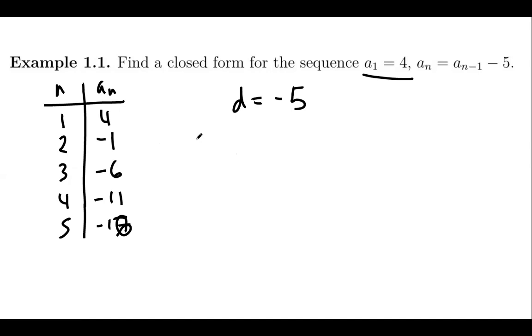So since the first term is 4, we can write it as a_n equals 4 minus 5 times (n-1). So that's another way we can rewrite a recursive sequence as a closed form.